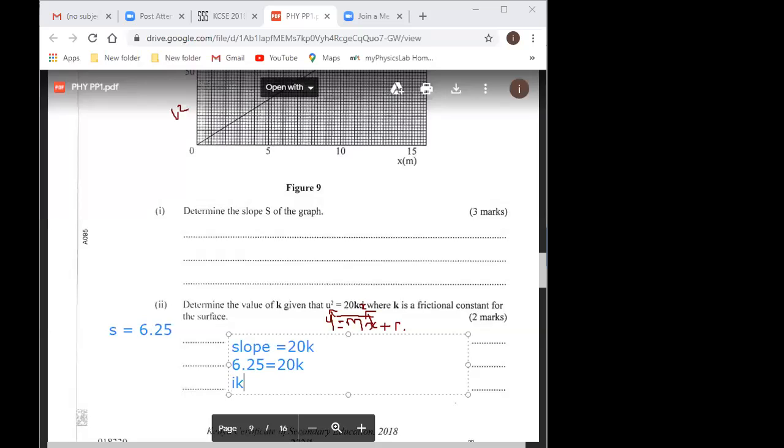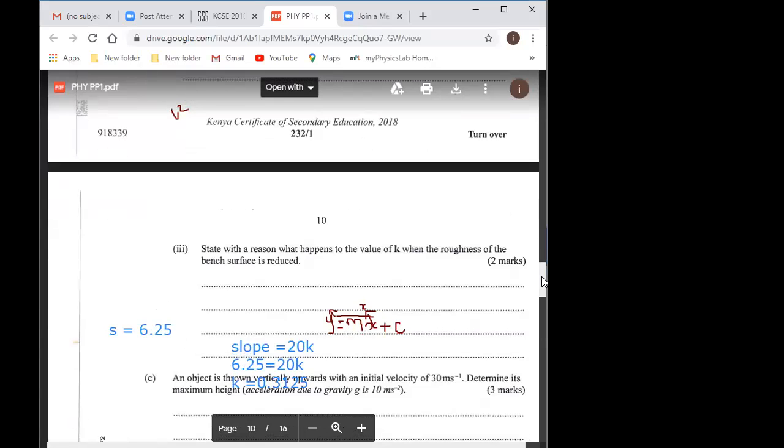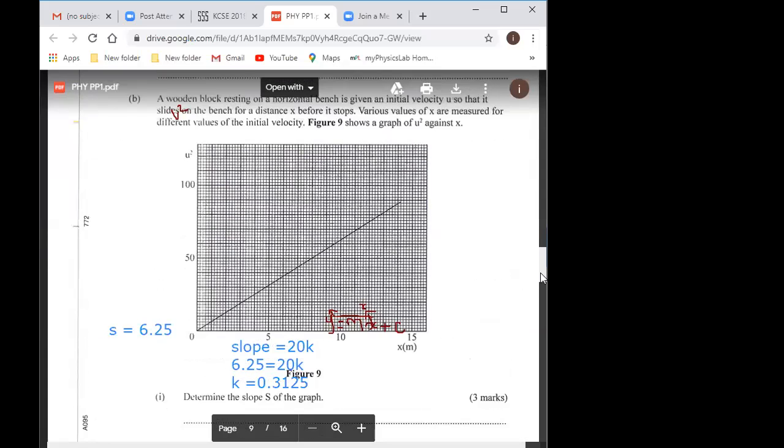Therefore, it implies that your k is equals 0.3125. And that becomes your final answer. We move on. State, with a reason, what happens to the value of k when the roughness of the surface is reduced. When the roughness of the surface is going to be reduced.